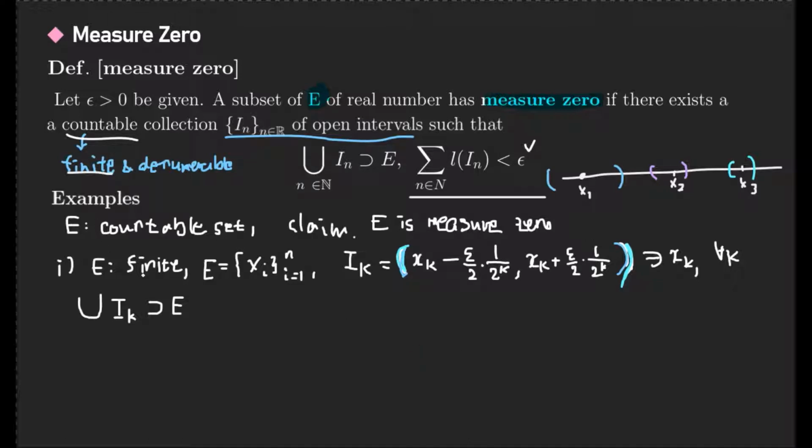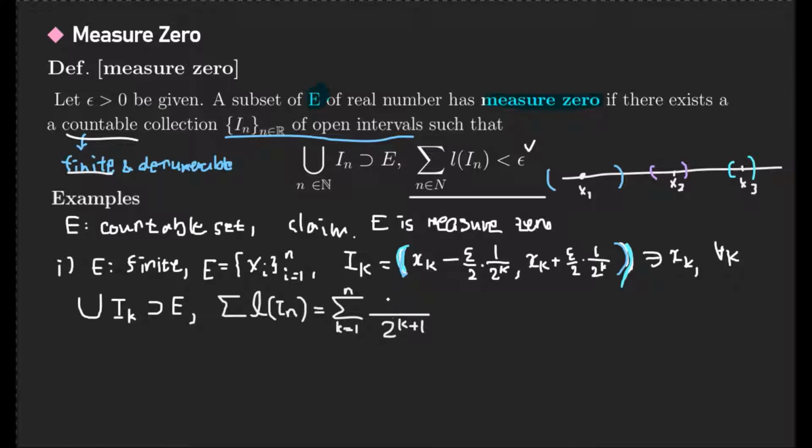If we consider the sum of lengths, the sum over k from 1 to n, because this is finite, the result is epsilon over 2 to the k.